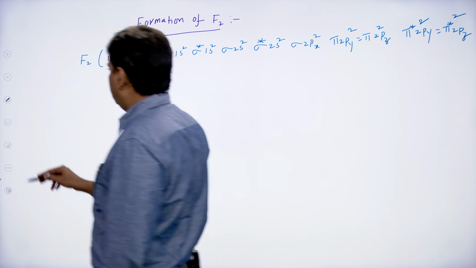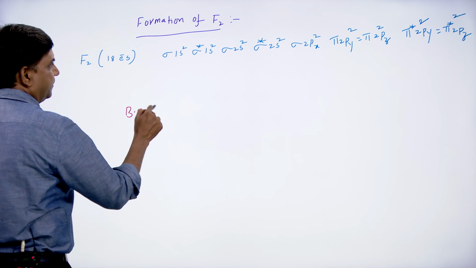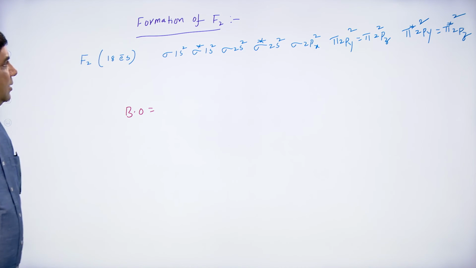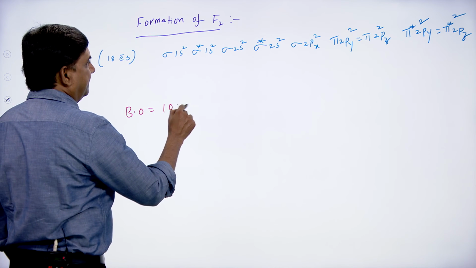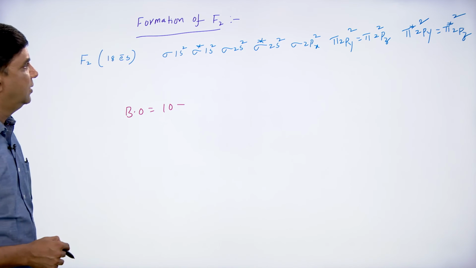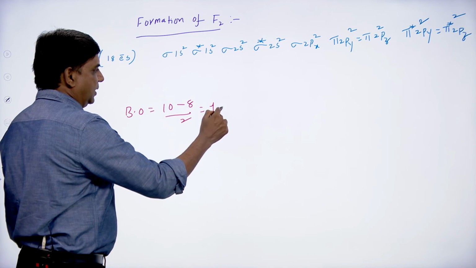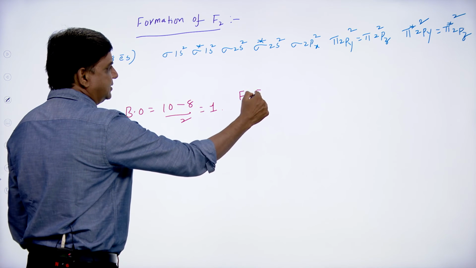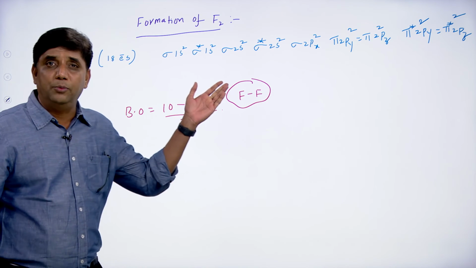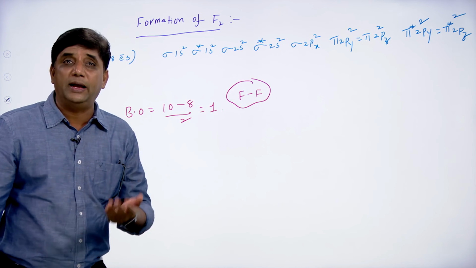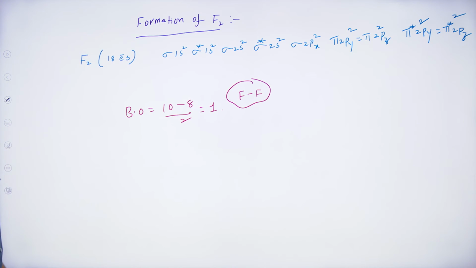Now, bond order is bonding 10 minus antibonding electrons 4, 6, 8, by 2 is equal to 1. That's the reason why fluorine contains a single bond. Diamagnetic, and magnetic moment is 0. No unpaired electrons, therefore magnetic moment is 0. And this is for the fluorine molecule.